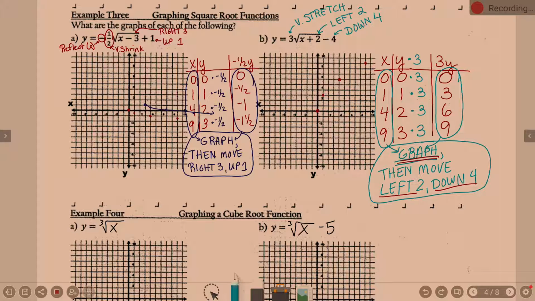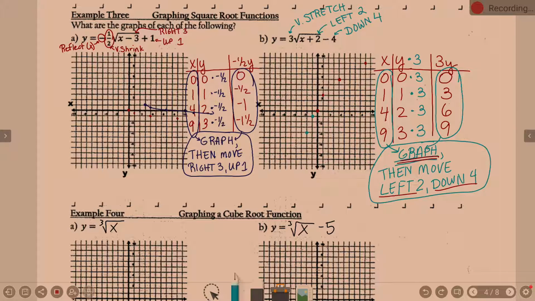So I'm going to take 0, 0, and I'm going to take it left 2, down 4. So I end up at negative 2, negative 4. I'm going to take 1, 3, and I'm going to go left 2, down 4. So I end up at negative 1, negative 1.